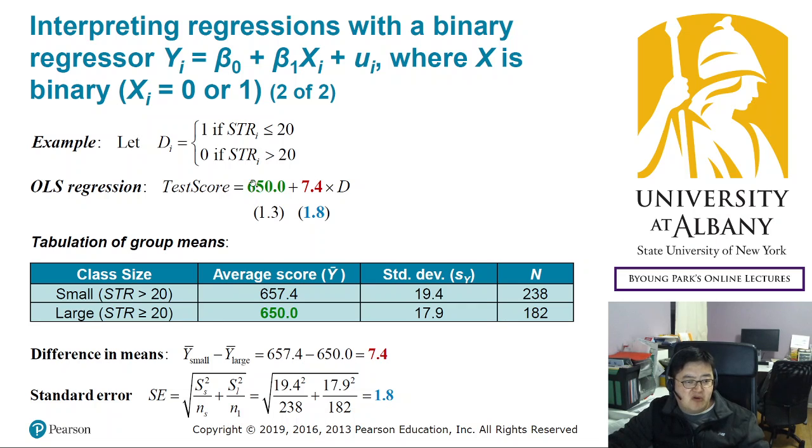And remember, the intercept beta 0 is the conditional expectation of the 0 group, right? Which is exactly here. And beta 1 is the difference, which is exactly shown in this table. And the standard error is calculated according to this formula, if you have learned how to calculate the standard error of the difference of two groups.